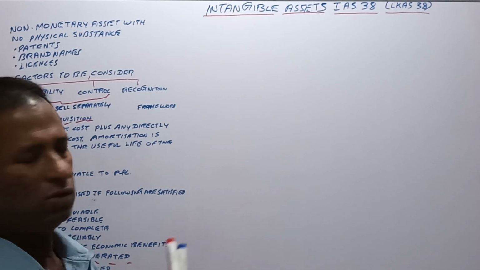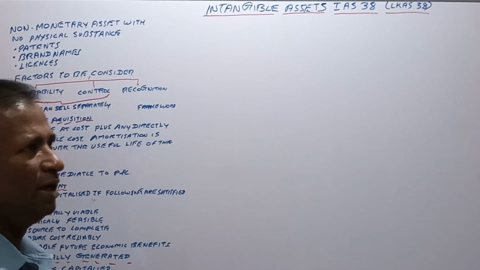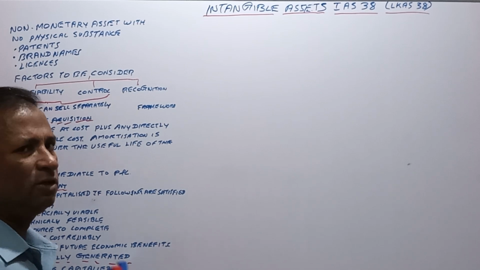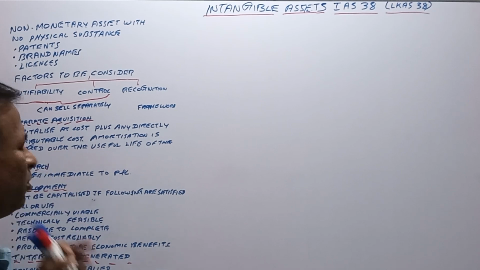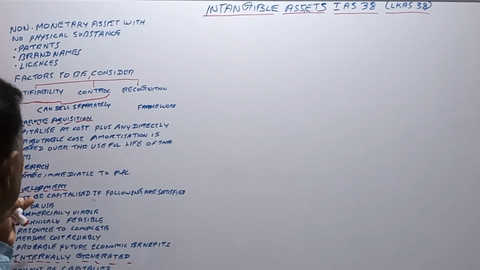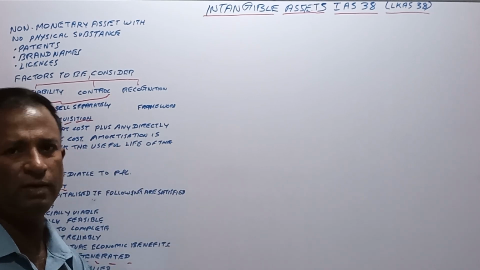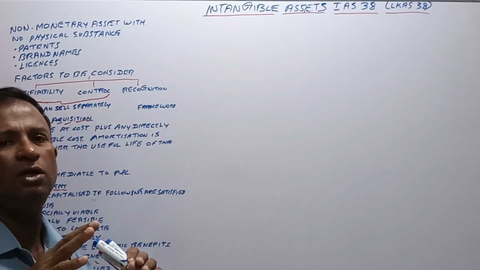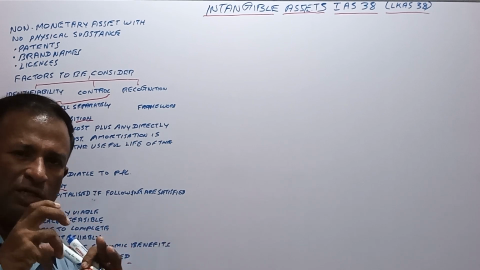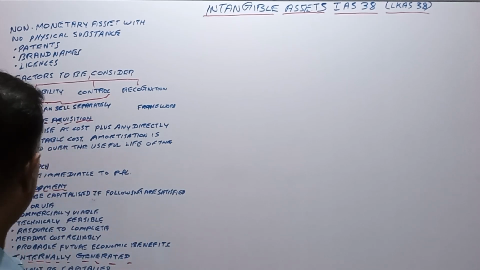You can capitalize the direct costs attributable to the intangible asset, and amortization is charged over the useful life of the asset. You amortize the asset throughout its useful life.